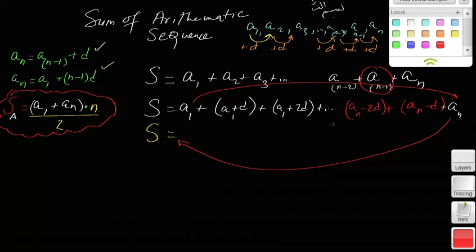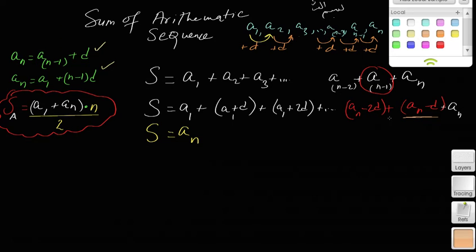I'm going to flip the whole thing. So I'm going to write a sub n, and then this term over here, that over there, and this term over here. I'm just reversing the order of the terms.